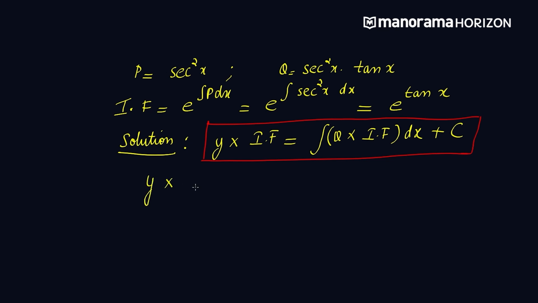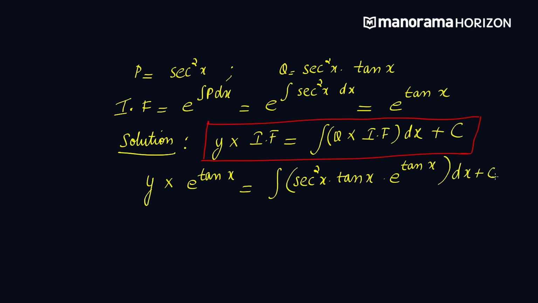y into e raised to tan x is equal to integral sec square x tan x into, again, what is the integrating factor? That is e raised to tan x, dx plus c.